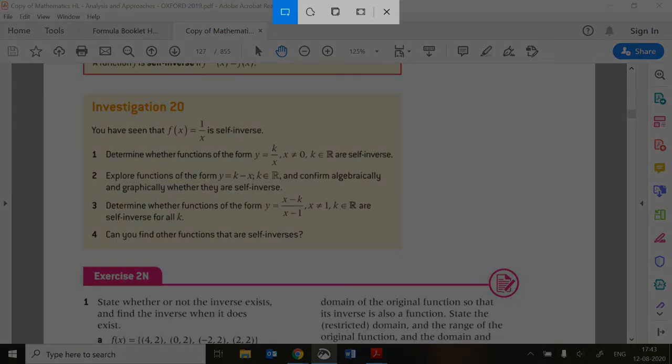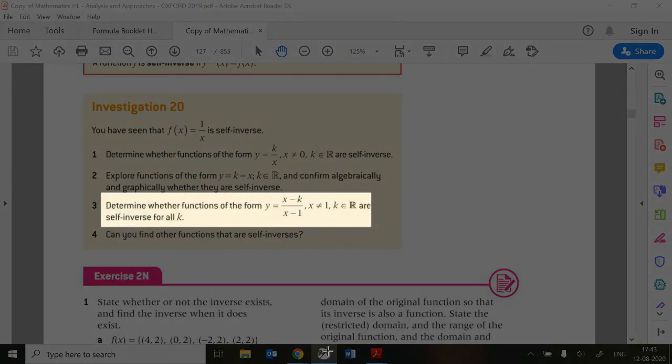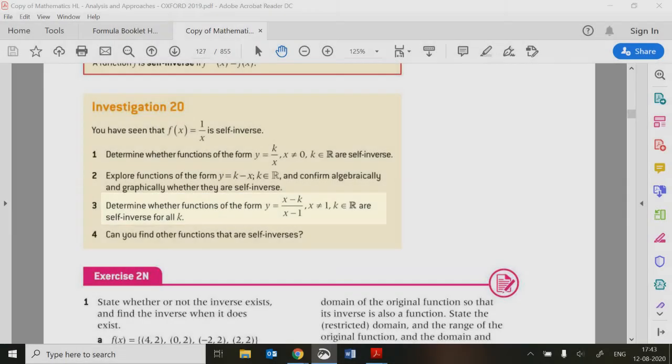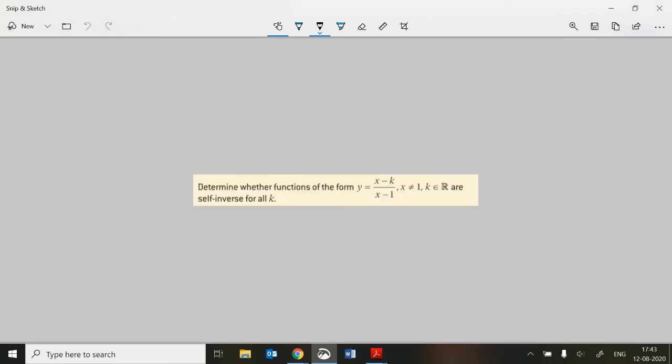Looking at this one earlier, it says determine whether functions of the form y equals x minus k over x minus 1, where x is not allowed to equal 1, are self-inverse for all values of k. Nice question.